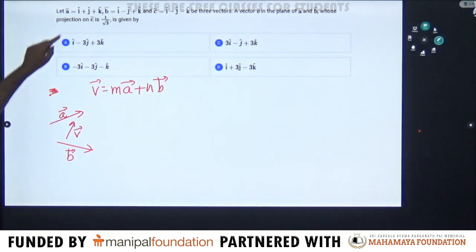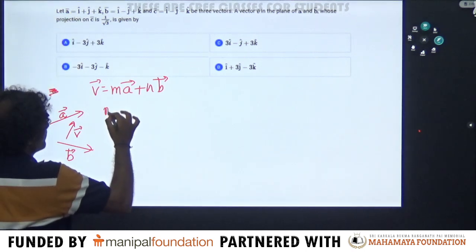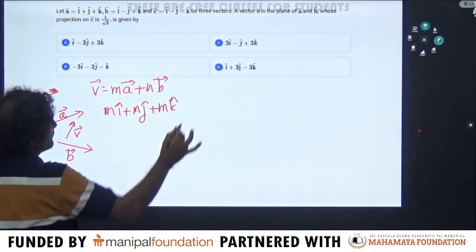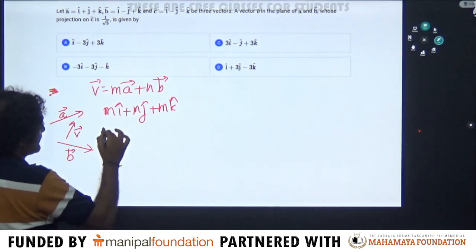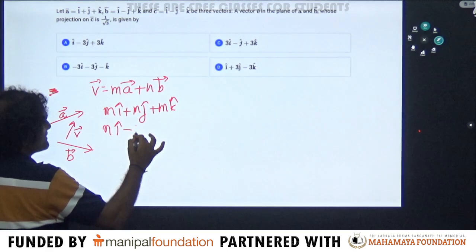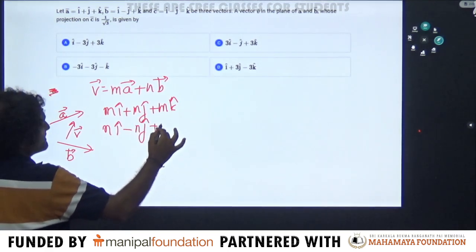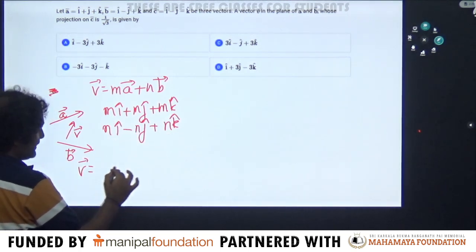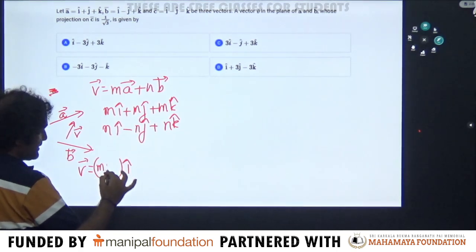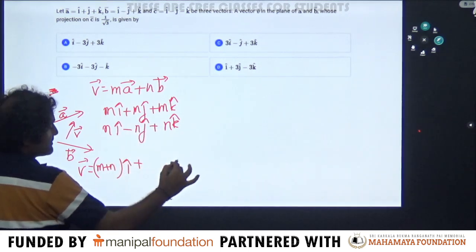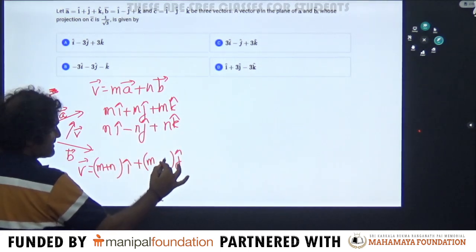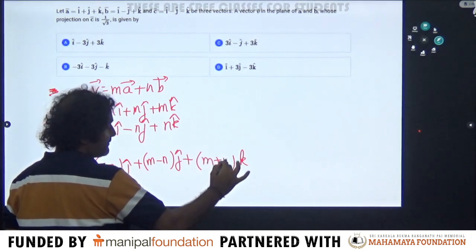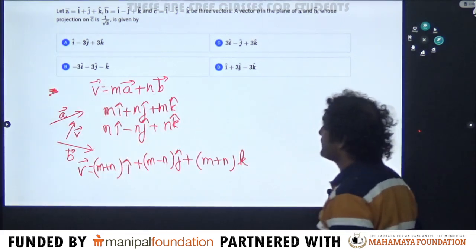Let's do this first. m into A vector is mi, mj, mk. n into B vector is ni, minus nj, plus nk. So V vector is the sum. Take I cap common: m plus n. Take j cap common: m minus n. And k cap common: again m plus n. So you got your V vector.